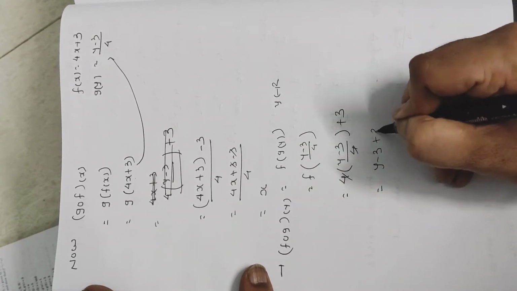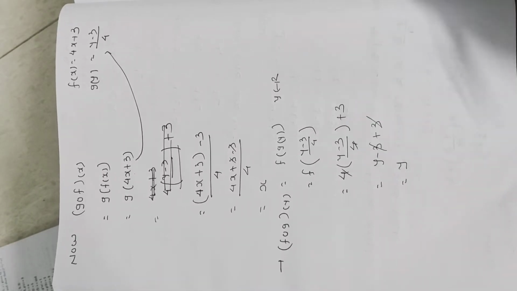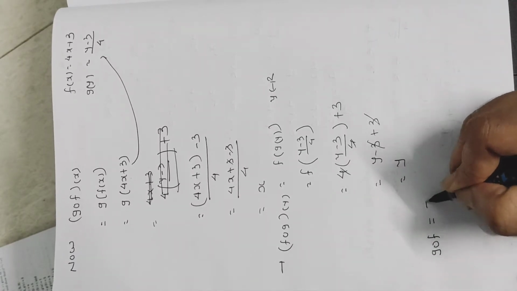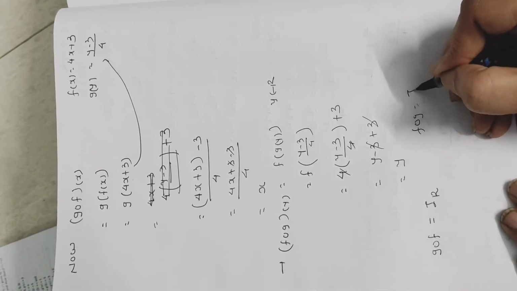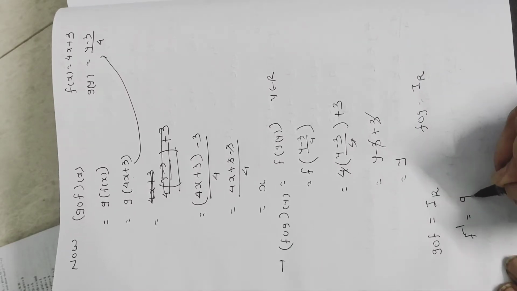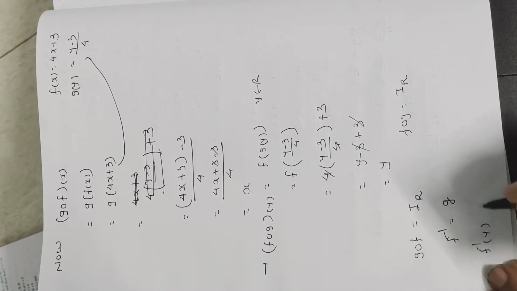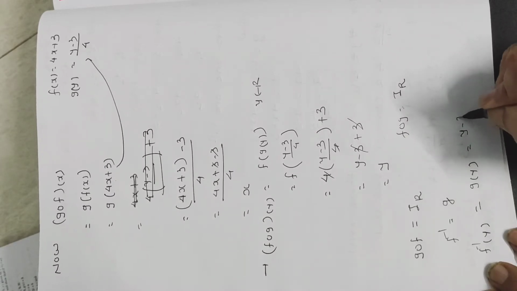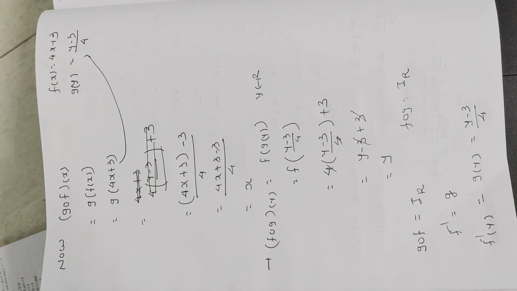So y minus 3 plus 3. So the answer is y. So I can write g o f and f o g, so f inverse is equal to g. So f inverse of y is equal to g of y is equal to (y minus 3) by 4. That is our 7th example.